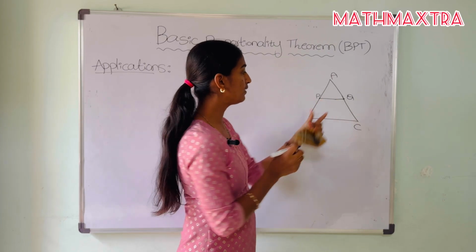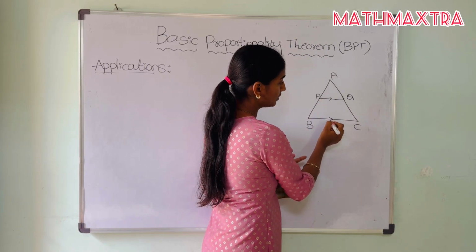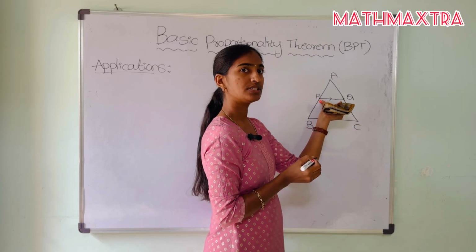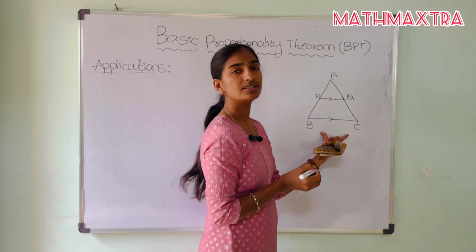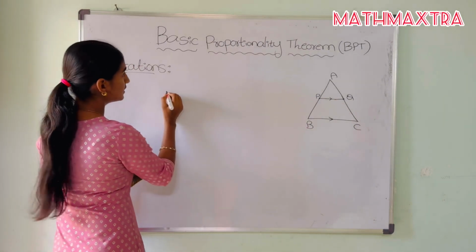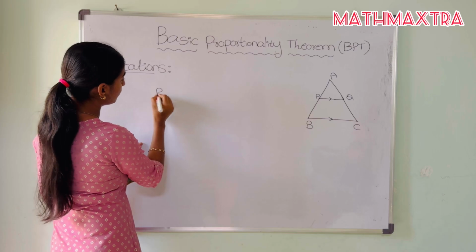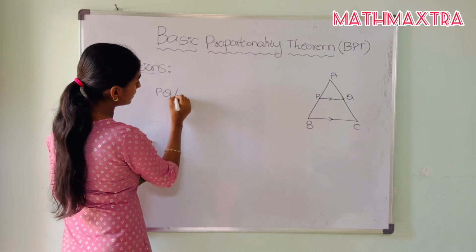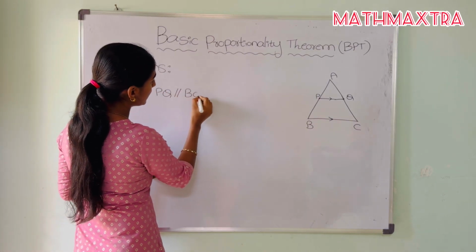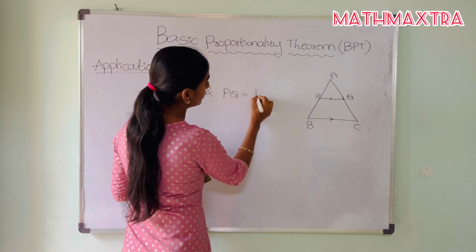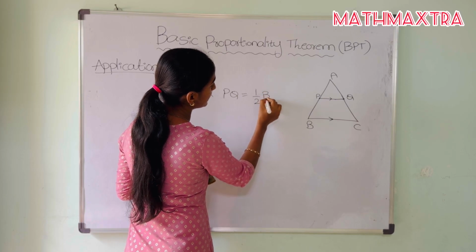So that is why PQ is parallel to BC, and this length of the PQ is always half of the third side, which is nothing but BC. If PQ is parallel to BC, then this PQ length is always equal to half of BC.